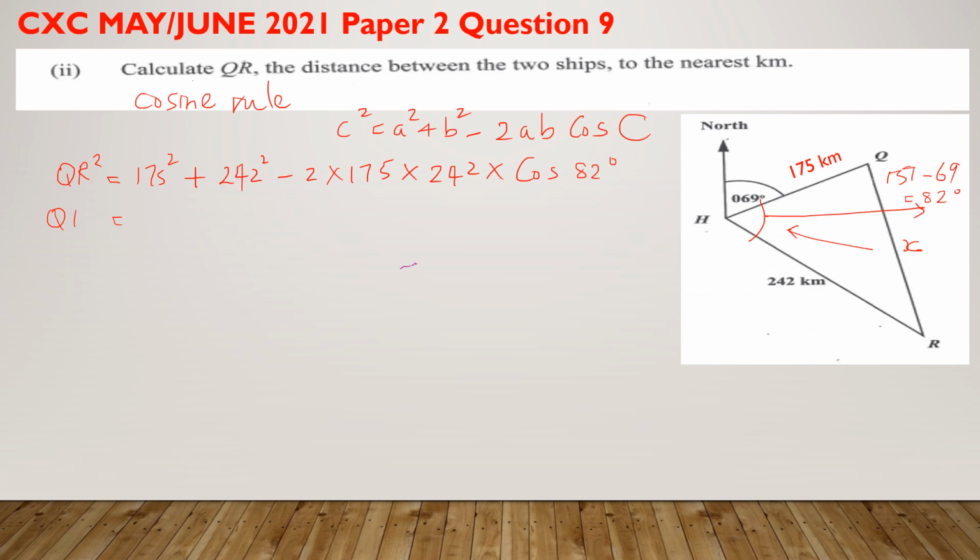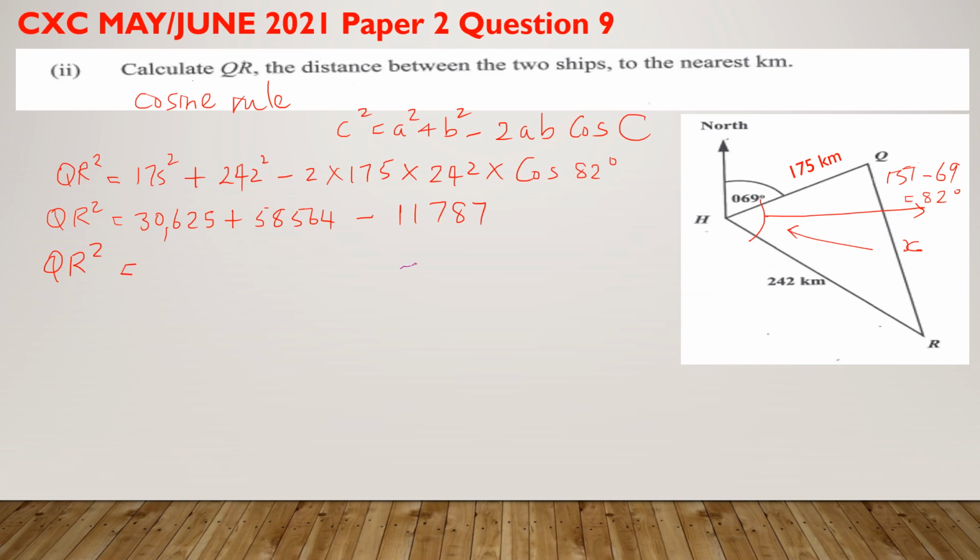So we're going to plug this into the calculator. 175 times 175 is 30,625 plus 242 times 242, that is 58,564 minus, we're going to plug all that in the calculator, 2 times 175 times 242 times the cos of 82, and we got 11,787 to the nearest kilometer.